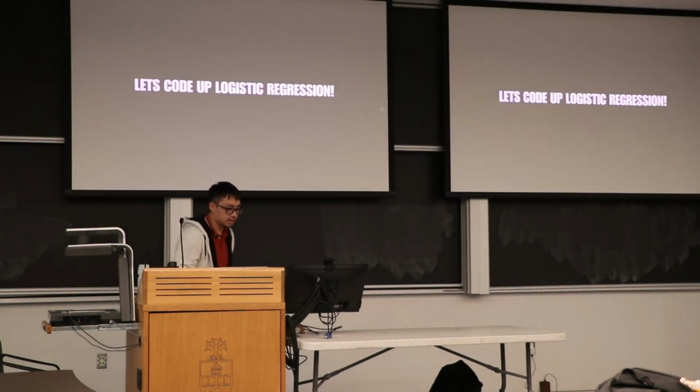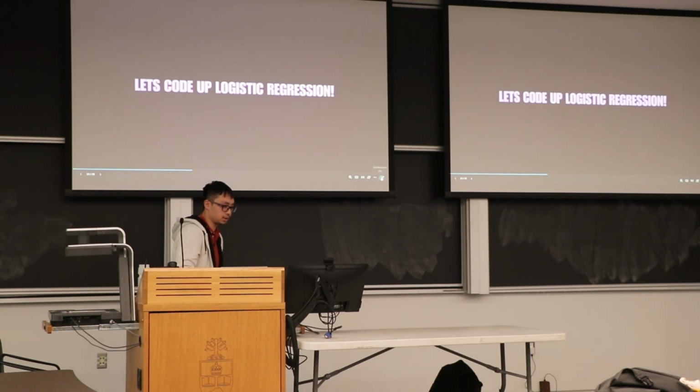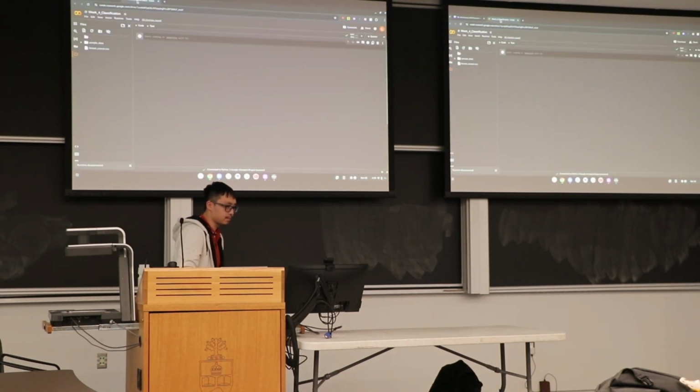So let's code up logistic regression. Is everyone here in the Discord? Who's not? Can you sign in to the Discord? So open up the Discord, go to resources, and download the breast cancer data set. Did the previous slide make sense to everybody?